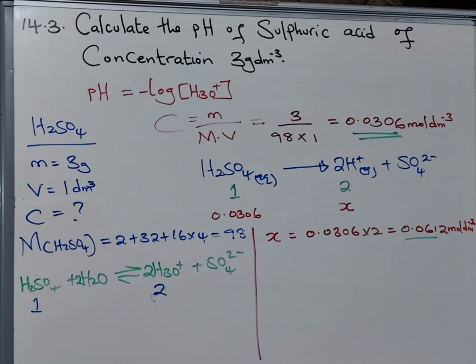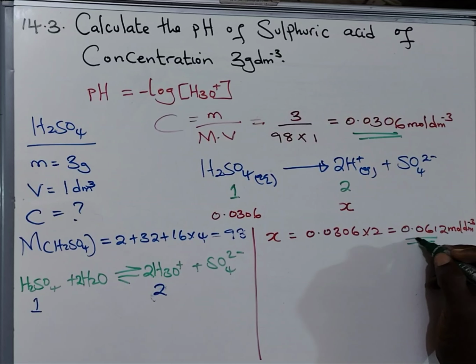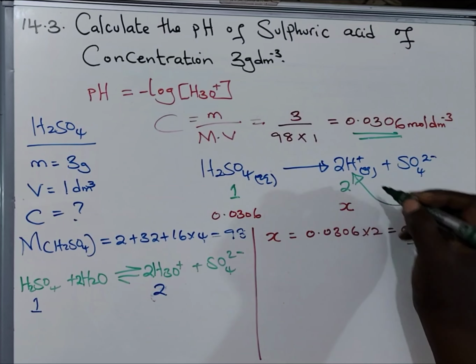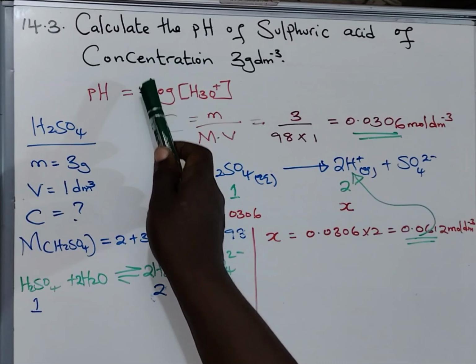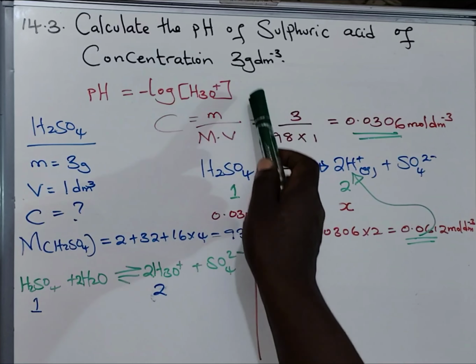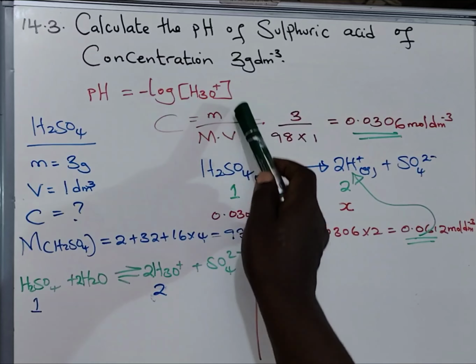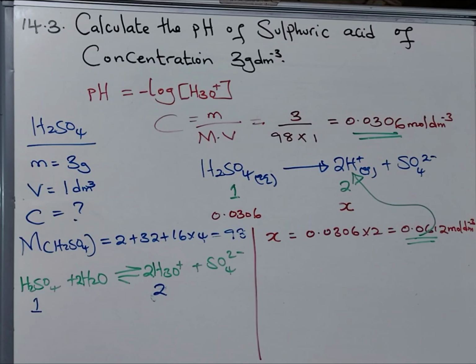So we have this one. What does this represent? We all know that it represents the hydrogen ions or hydronium ions. That is very important because it is the hydronium ions which we substitute. We don't substitute the acid. So what do we get here?